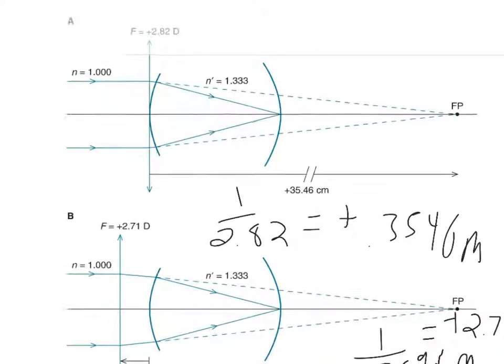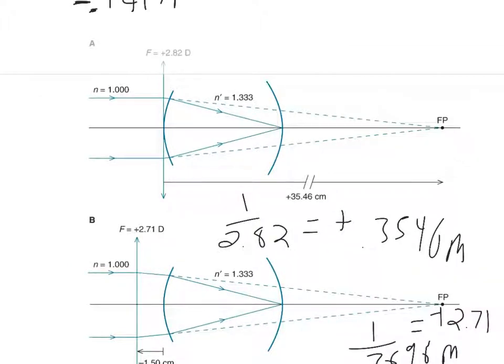You might notice that the contact lens prescription, 2.82, and the eyeglass prescription, 2.71, don't differ much, and you're right. Because this number is less than 4, the difference between the contact and the eyeglasses is very minimal and is not clinically significant.